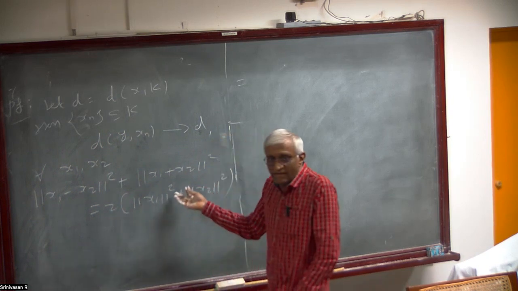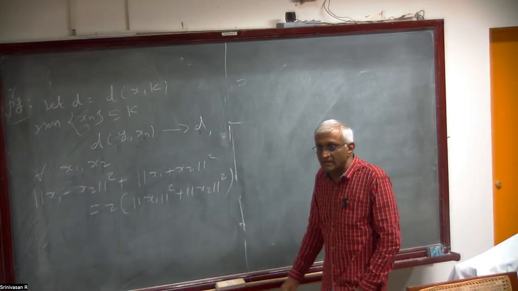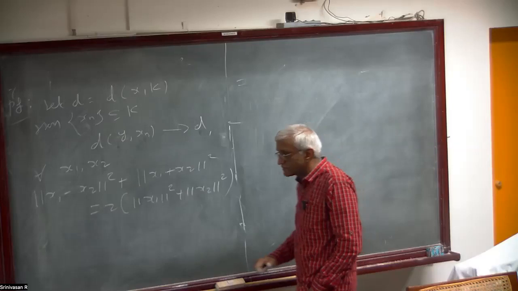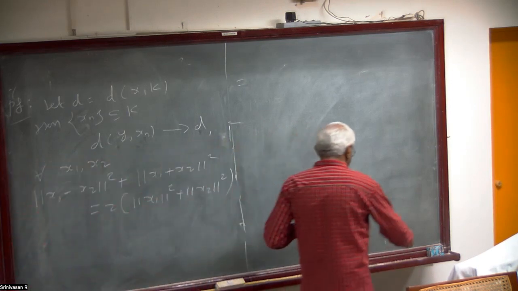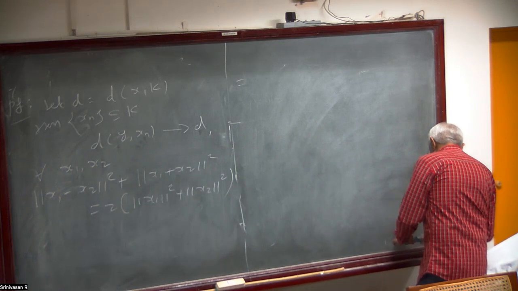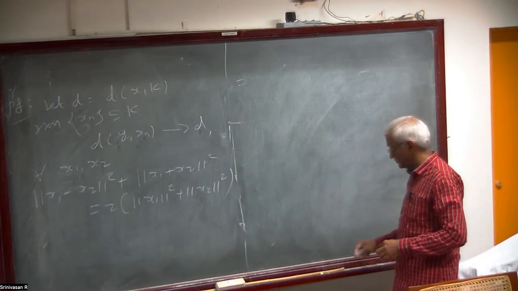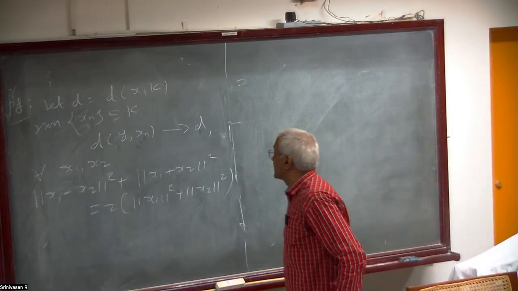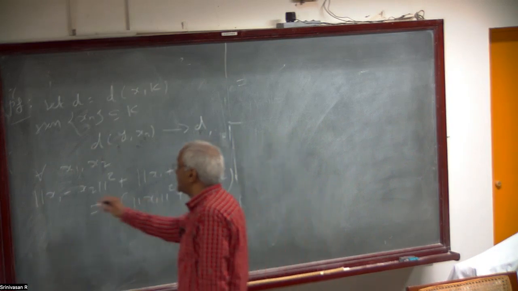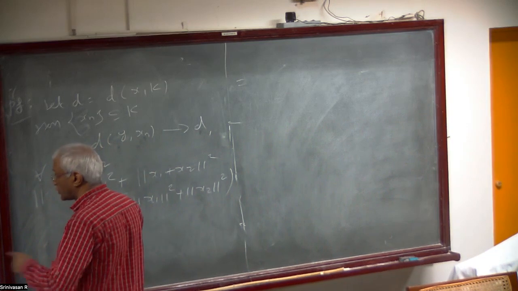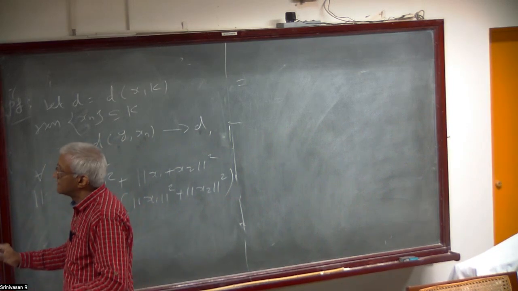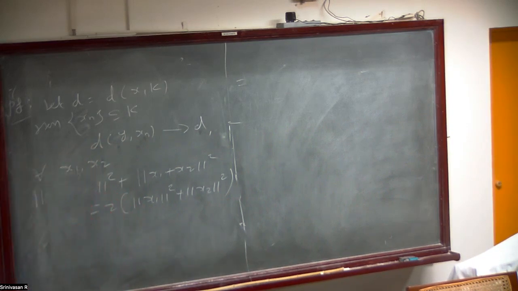Okay, here it is direct multiplication. So now I take x1 equal to, okay, let me take x1 next. I want to show that this is the Cauchy sequence. Then H is a Hilbert space.